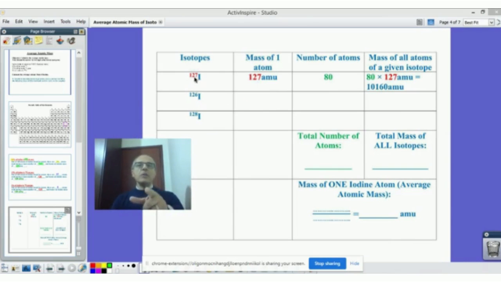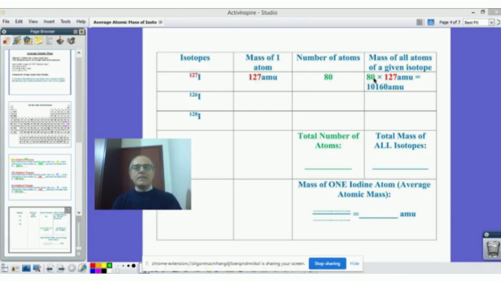So I-127 means the mass of one atom is 127 AMU. And the number of atoms, as we saw in the previous slide, is 80. So if I want to calculate the mass of 80 atoms being given the mass of one atom, a simple math operation will give me the mass of the 80 atoms.